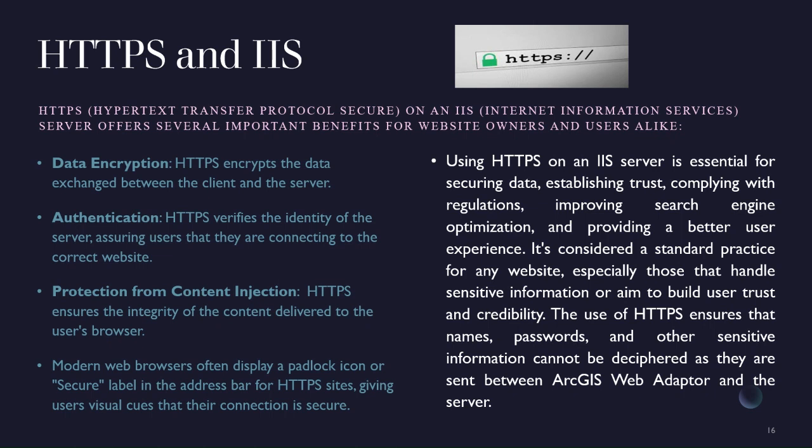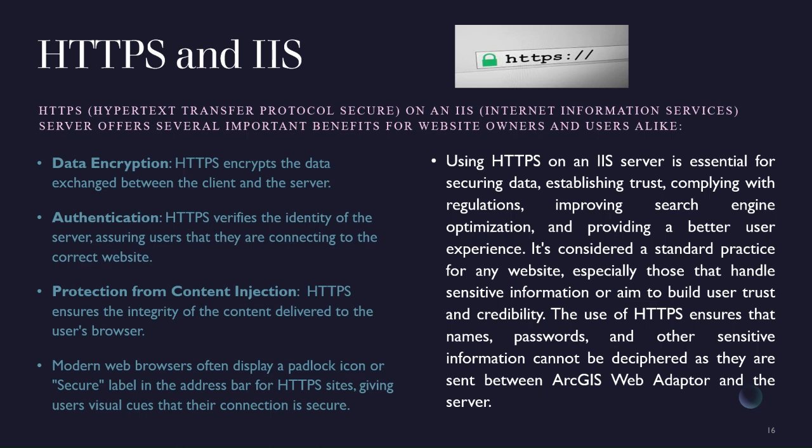HTTPS and Internet Information Services. Since HTTPS is a highly secure protocol, as mentioned, using it on an IIS server offers several important benefits for website owners and the users. Some of them are as below.